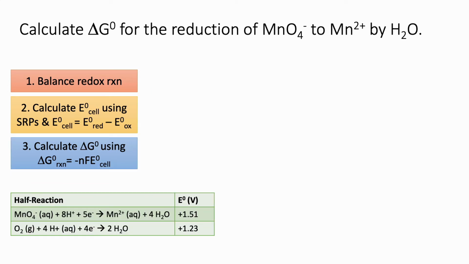Here's one that is a lot harder, but if you ever do problems like this in an industrial or environmental setting, a lot of times you won't have 2 balanced half reactions. So here we're looking at the reduction of permanganate to manganese 2 plus. The problem says by water, which means that water is the reducing agent.